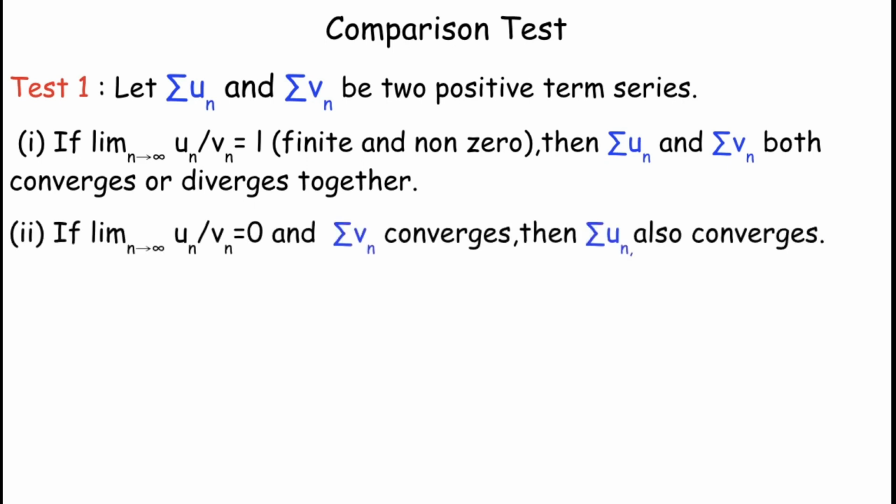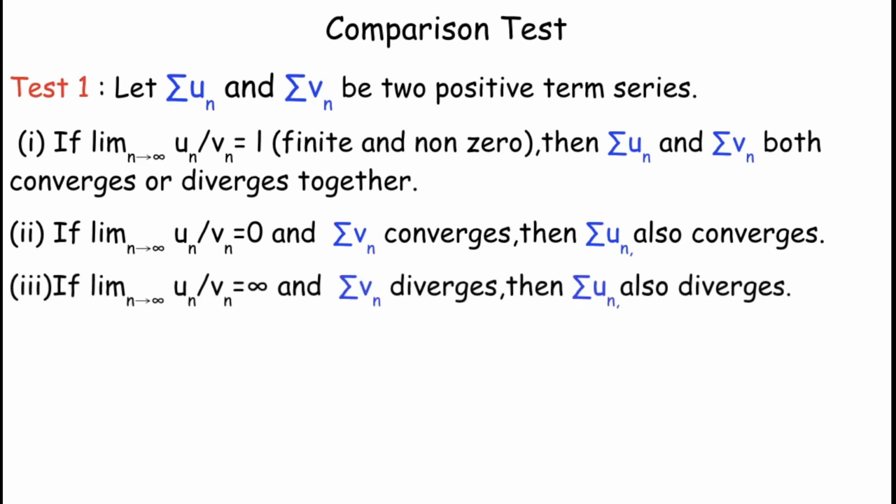If we get 0, which is finite, so un upon vn equals 0, and vn converges, then un also converges. So we have to check the convergence of vn to determine the convergence or divergence of the series un.